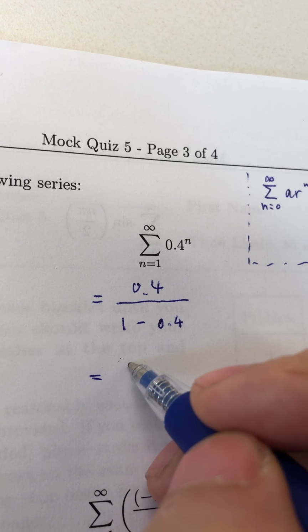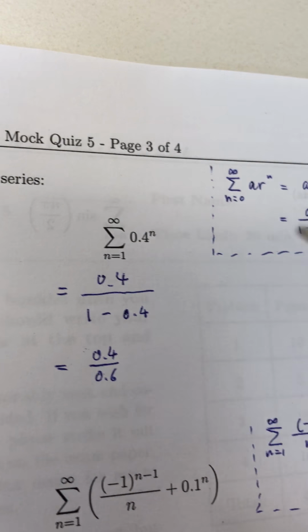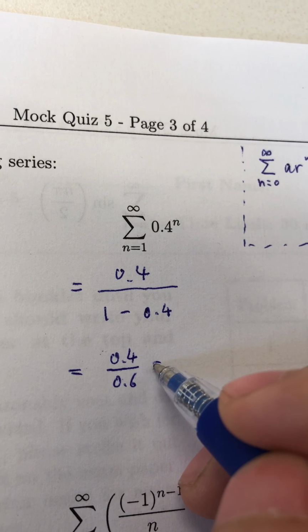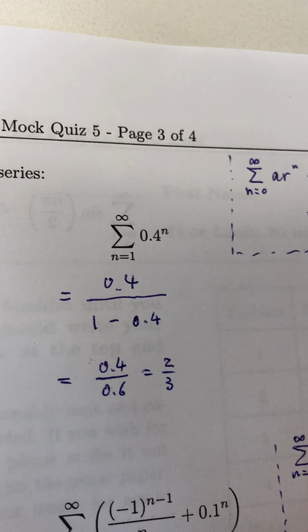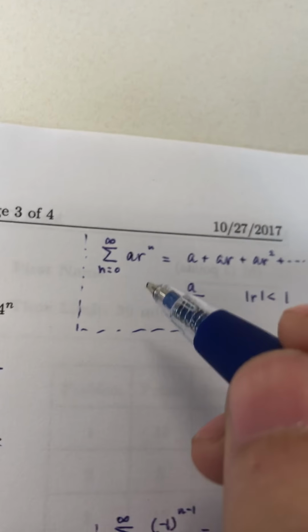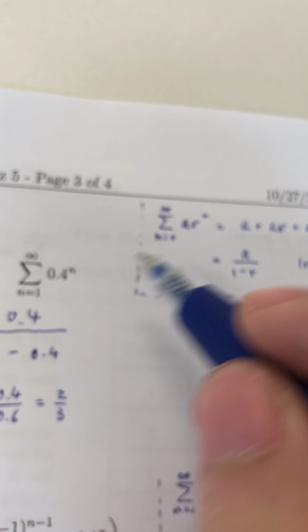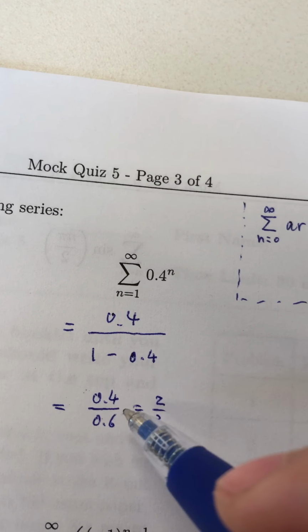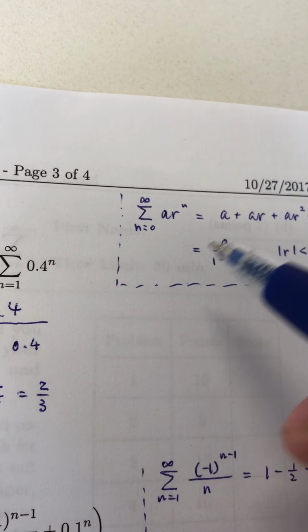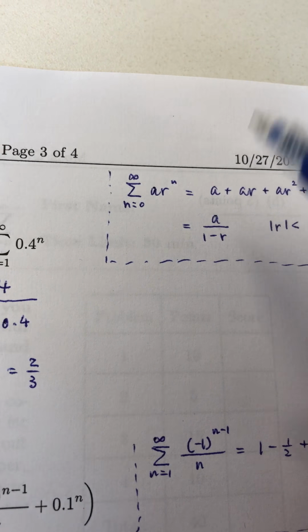And that gives you 0.4 over 0.6. So simplified, you get 2 over 3. Remember, try to write down the formula next to your answer. So in case you made a mistake in your calculation, you can get partial credit for writing down this formula.